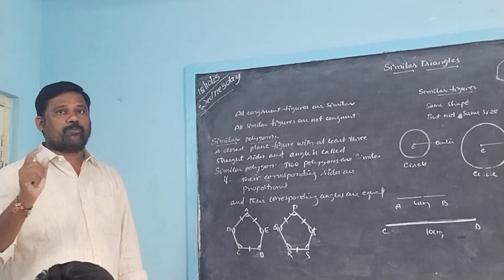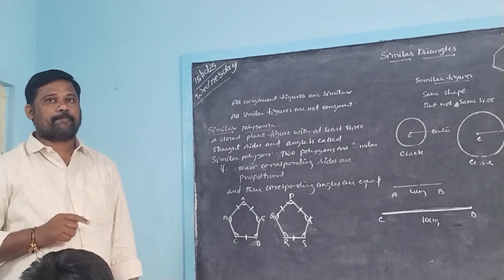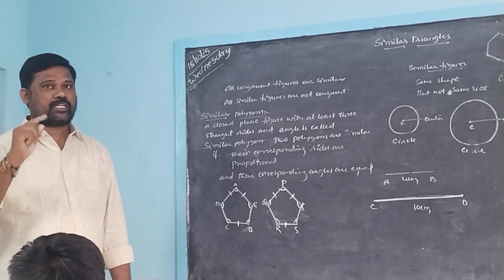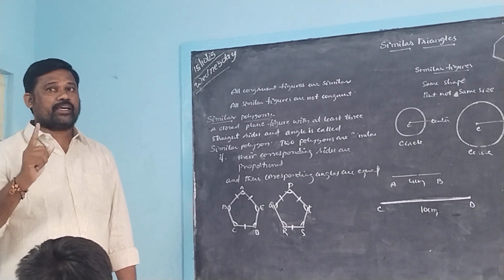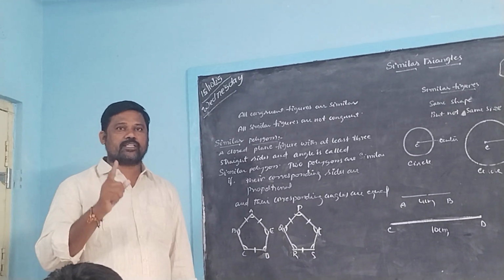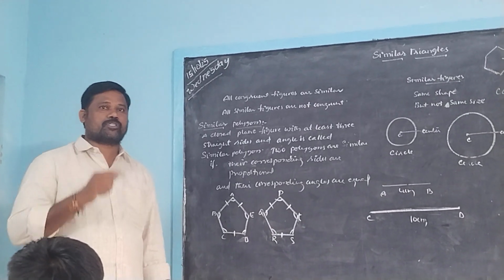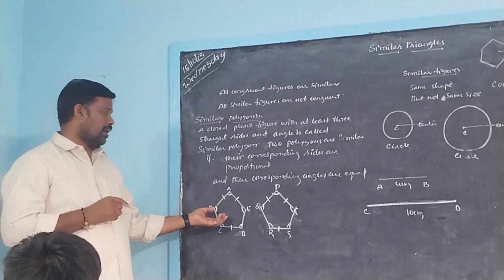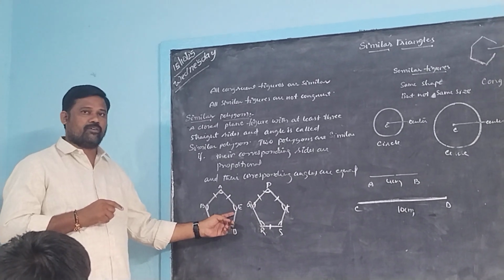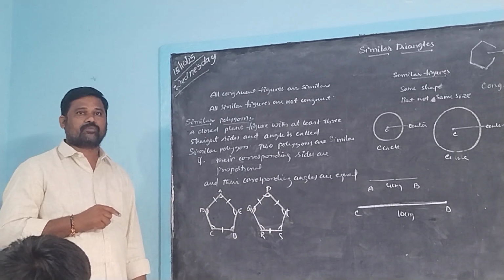When two polygons are similar? When their corresponding angles are equal and their corresponding sides are proportional. We draw two polygons, ABCDE is one polygon and PQRST is another polygon.